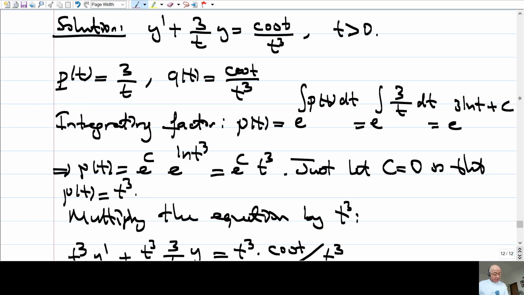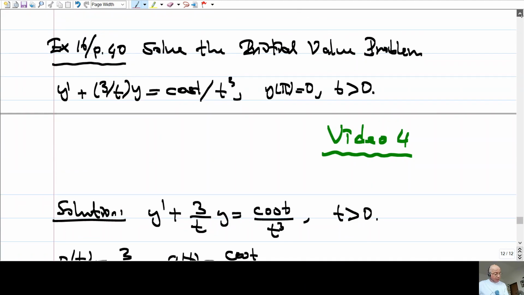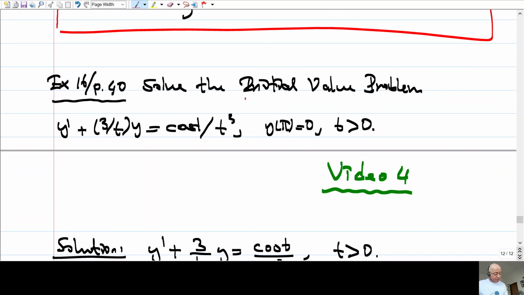What I was asked in the problem was slightly different. I was asked to solve the initial value problem. An initial value problem means a differential equation and a condition on y. In this case, it is just y of pi equals 0.